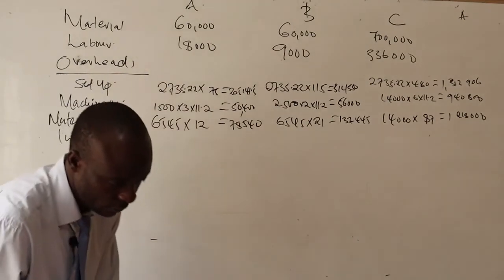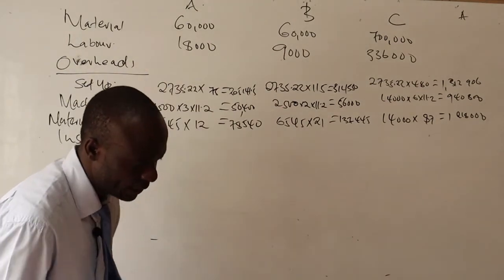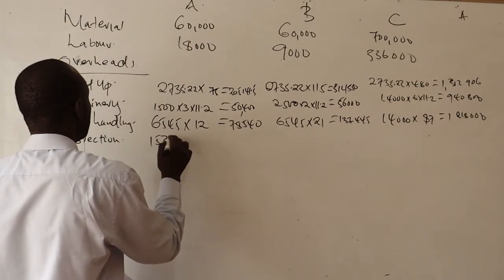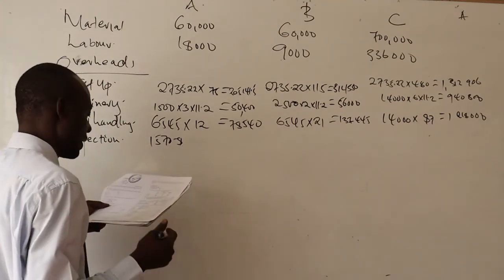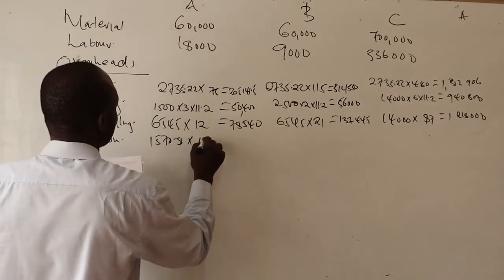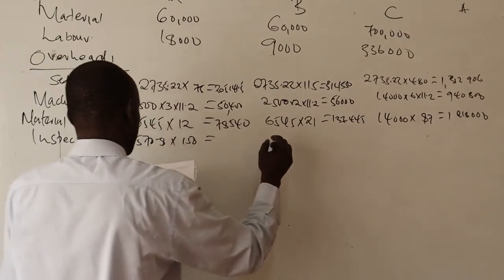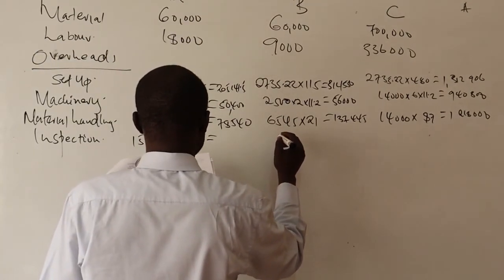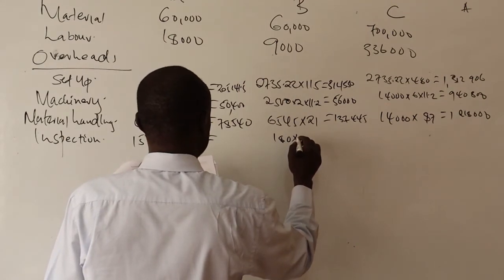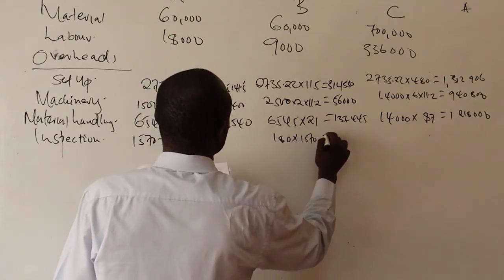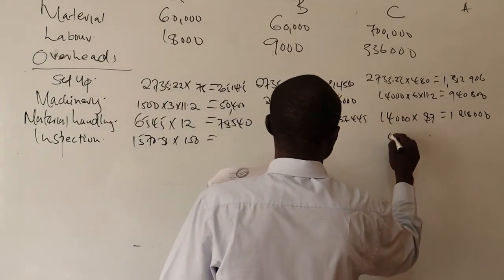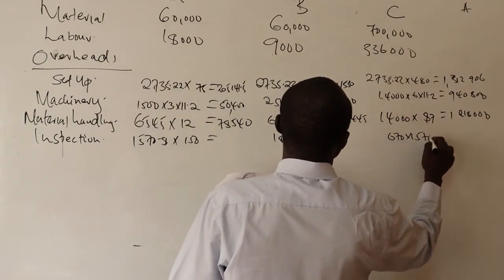The rate is 1570.8 times the number of inspections. Here it was 150. This one is 180 times 1570. This is 670 times 1570.